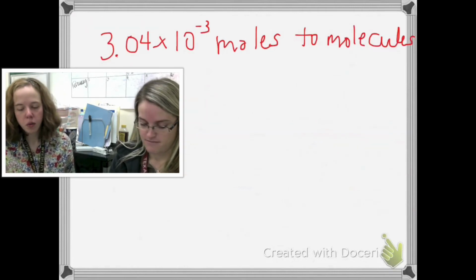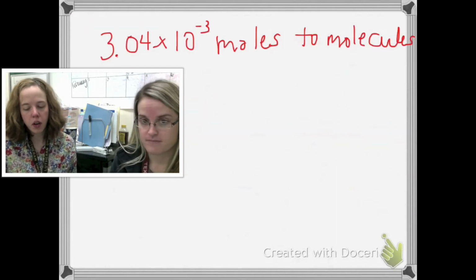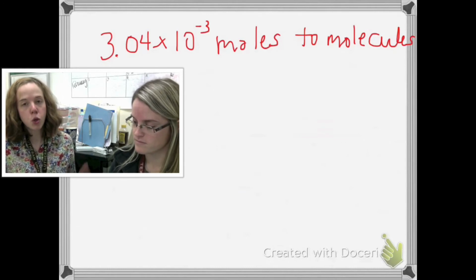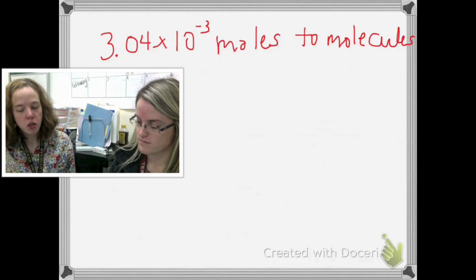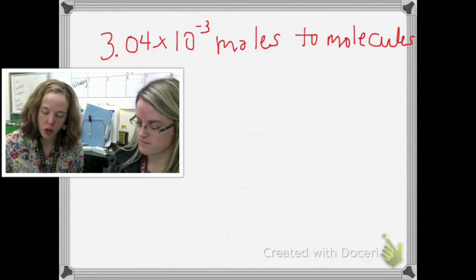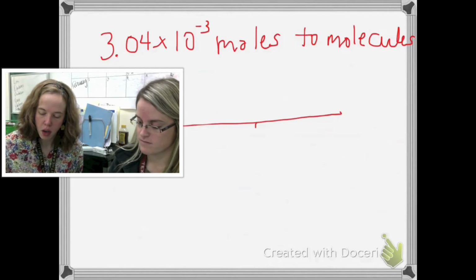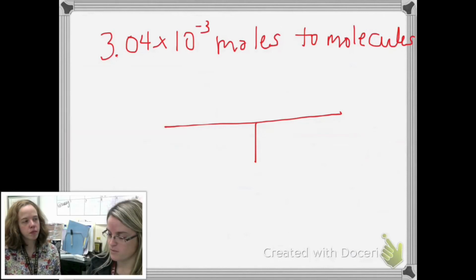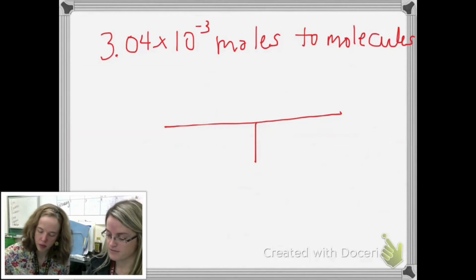So here we have 3.04 times 10 to the negative third moles, and we want to go to molecules. So we're going to start with our triangle. Where do our moles go? Moles go in the bottom on the left-hand side.